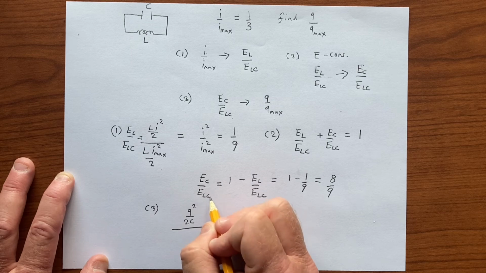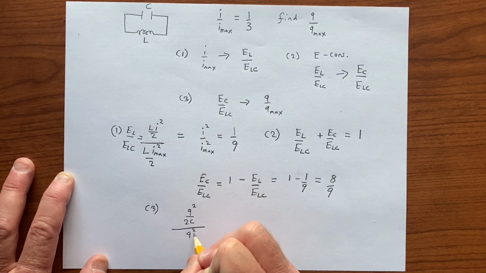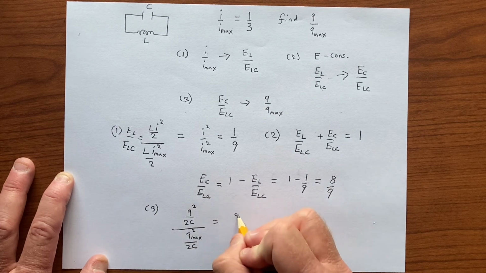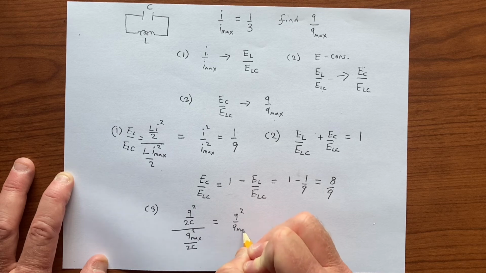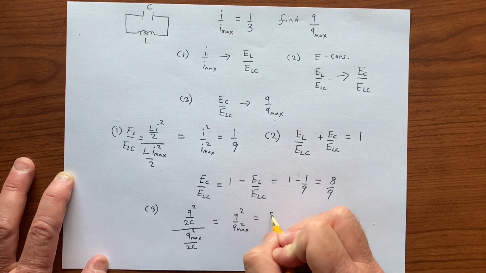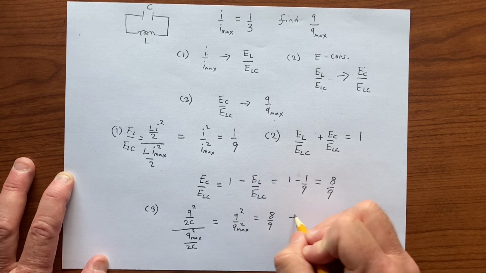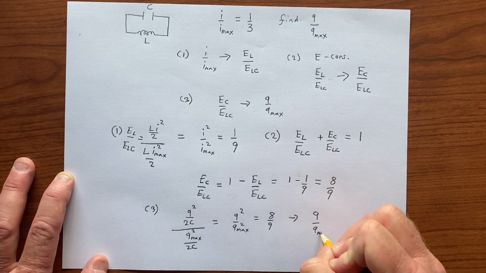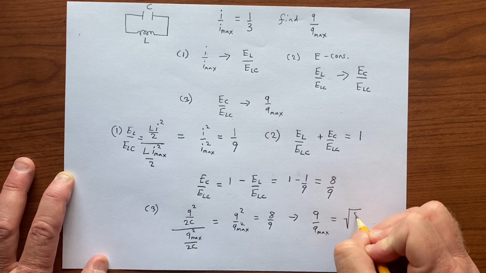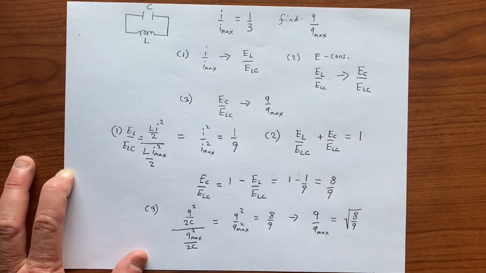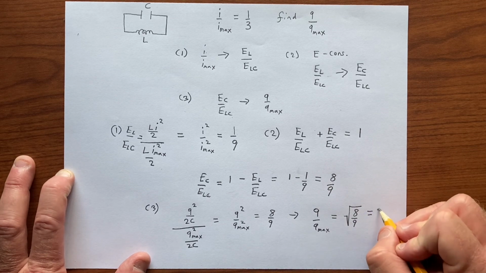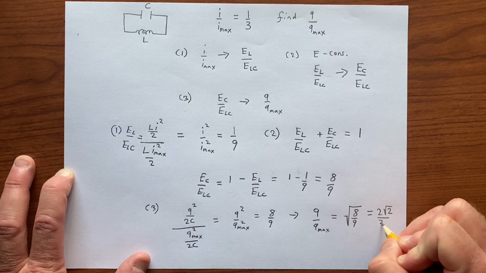We'll write this in terms of maximum Q, and that's Q max squared over 2C, and that's just Q squared over Q max squared. And we know that this is 8/9. And therefore, Q over Q max is equal to the square root of that, which can be simplified. This is 4 times 2, so it's 2 root 2 over 3.